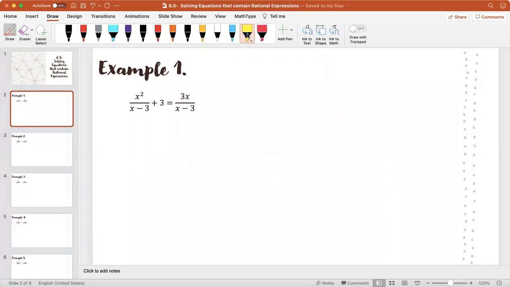Let's write our LCD here. LCD: x minus 3.